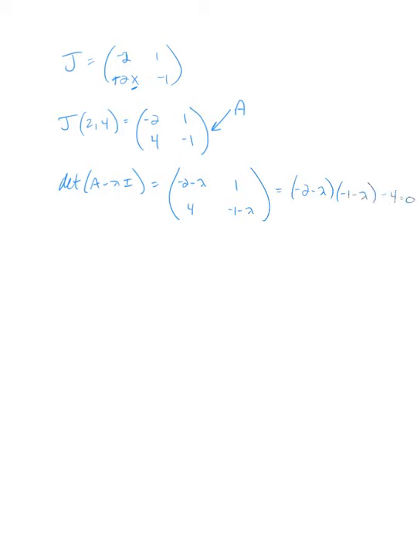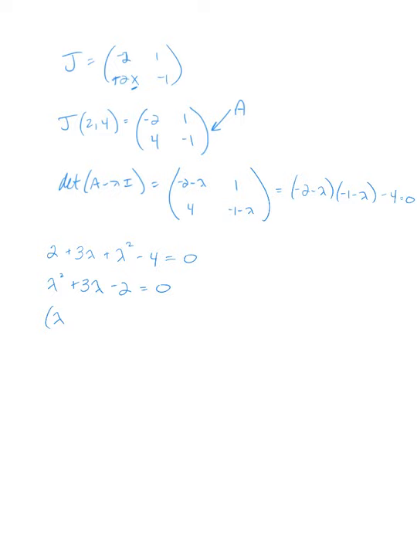Set that equal to 0. So I multiply that out and I get 2 plus 2 lambda plus lambda is 3 lambda plus lambda squared minus 4 equals 0. So this is lambda squared plus 3 lambda minus 2 equals 0. I believe this is going to factor to lambda, maybe it doesn't factor.